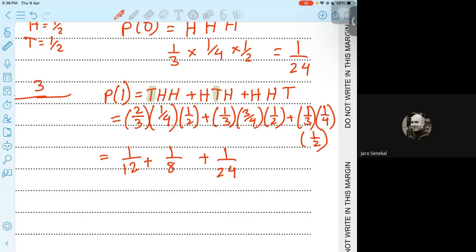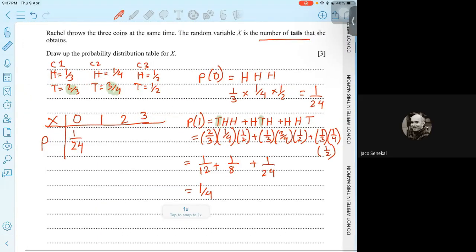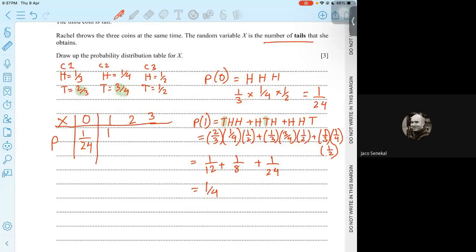So if you add all of this, 1 over 12 plus 1 over 8, you should get 1 over 4. Do we all have the answer of 1 over 4 for 1? Okay, lovely. So we move on to 2 now.